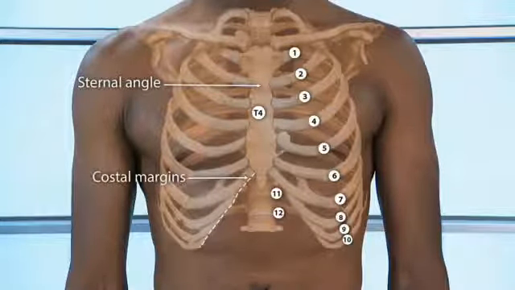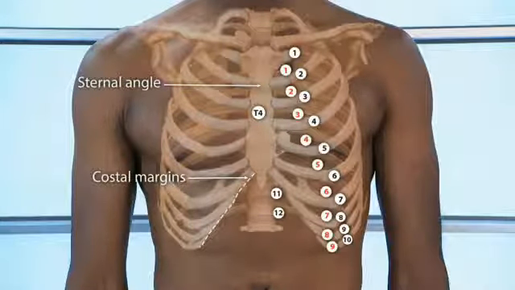Inferiorly, the anterior cartilage and ribs form the right and left costal margins. To locate and describe your findings when examining the thorax and lungs, you must be able to number the 12 ribs and their interspaces accurately as well.